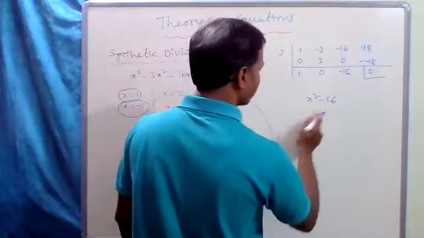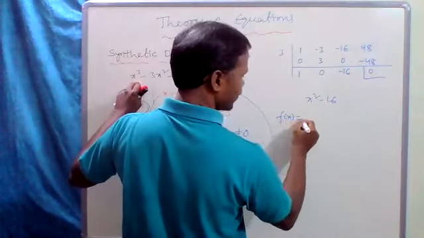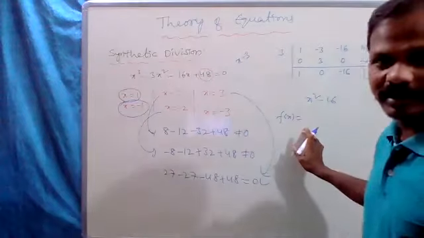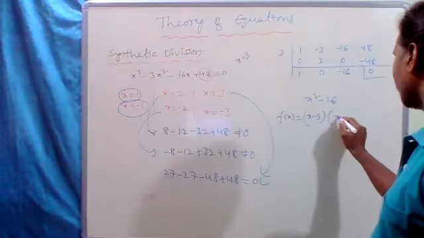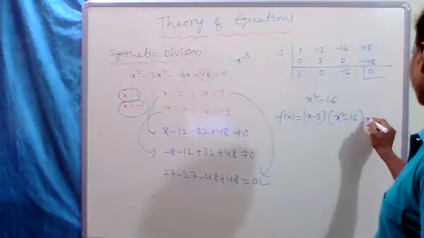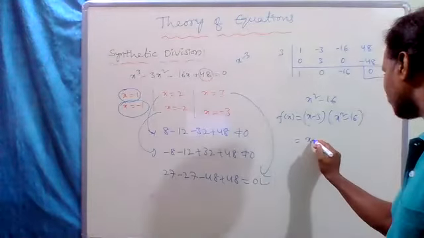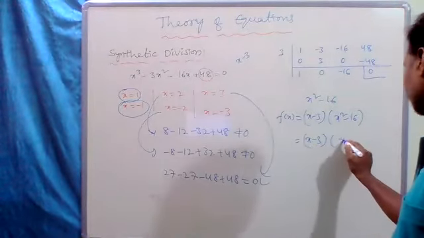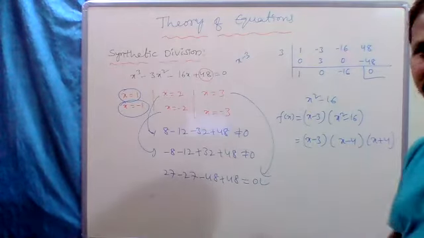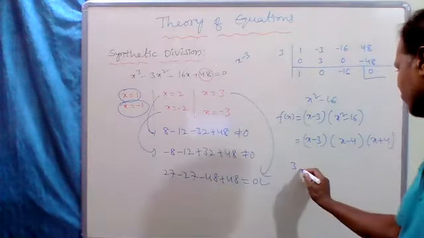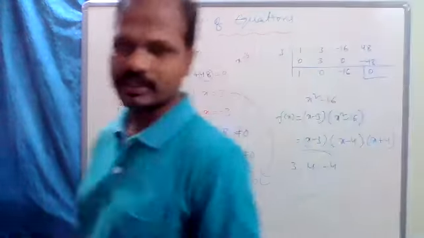So the given expression f of x can be written as x minus 3 into x square minus 16 plus 0. The remainder is 0. This is equal to x minus 3 into x minus 4 into x plus 4. So what are the roots? 3, 4, -4. These are the roots of this equation.